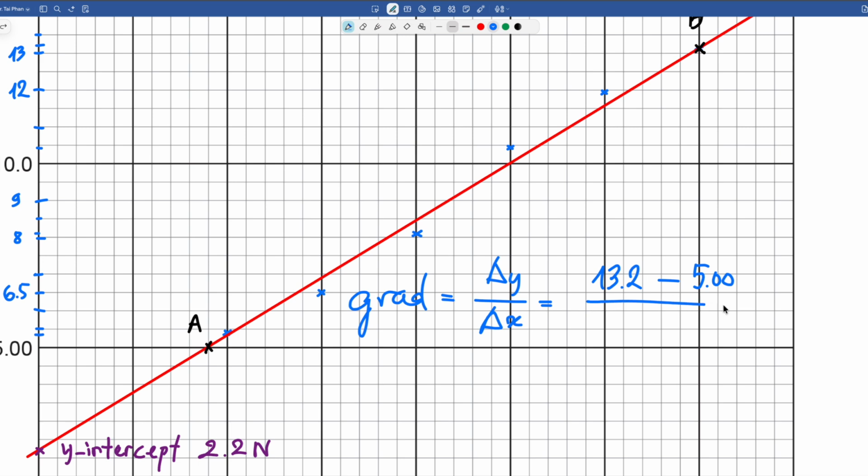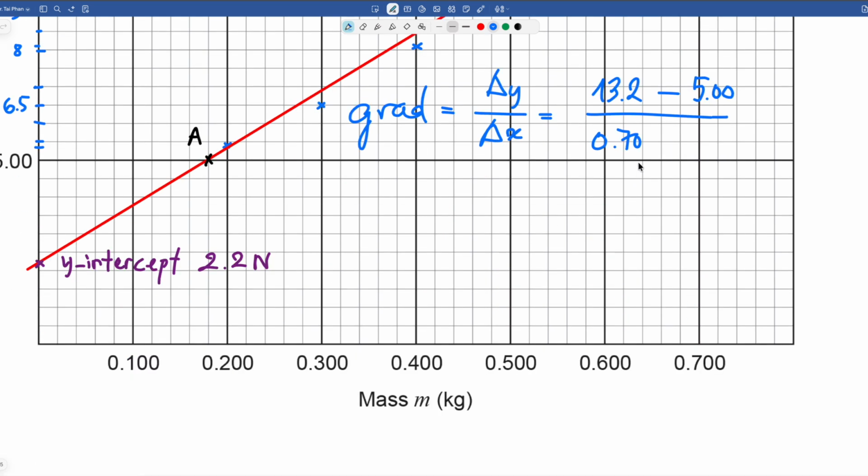Change in x. X of the point B is 0.70 kilogram, taking 0.700, okay, and x of this point A is 0.180.